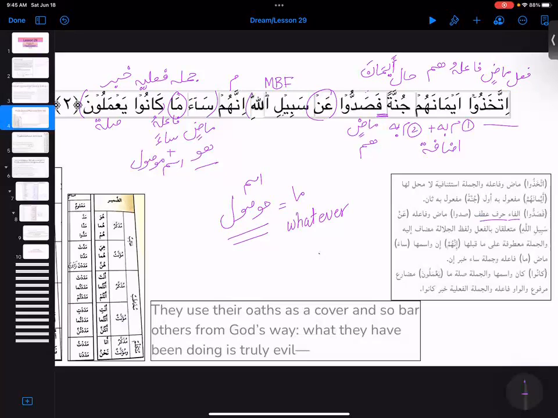It is telling us what, but it's not telling us who. It is referring to their deeds. How terrible it was, what they used to do. So this ma is basically the fa'il of sa'a, for their deeds. Okay, okay. Jazakallah.